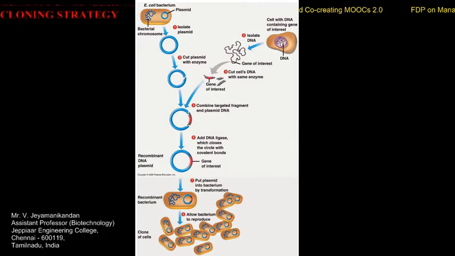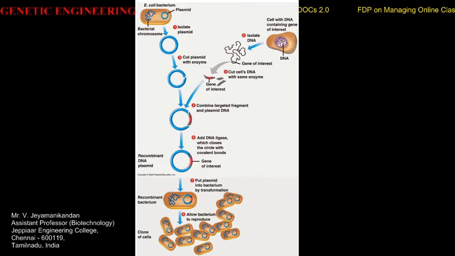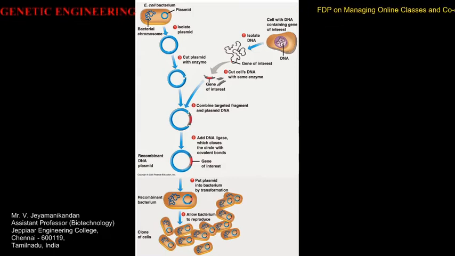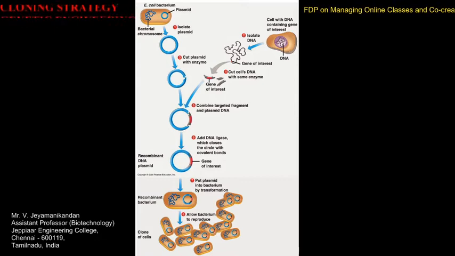The restriction enzymes used for both the plasmid DNA as well as genomic DNA should be the same, or it should be a compatible restriction enzyme. You have to prefer partial digestion for digesting your genomic DNA from the host cell.